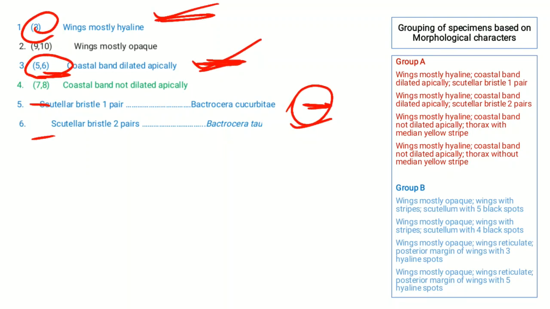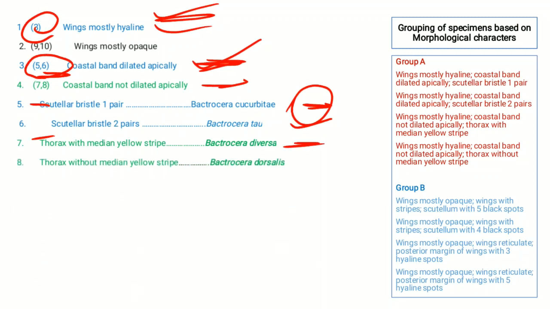In the same way, moving towards number 7, that is thorax with median yellow stripe. The specimens that have wings that are mostly hyaline, a costal band not dilated apically, and thorax with median yellow stripe, you will identify these specimens as Bactrocera diversa. And in the same way, the specimens that have thorax without median yellow stripe, you will identify them as Bactrocera diversalis.